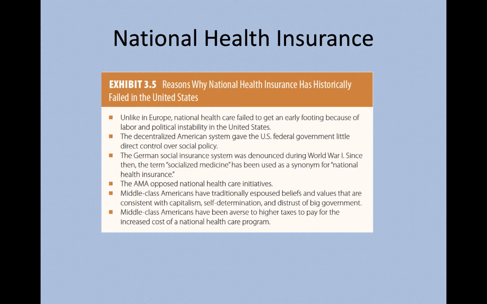We pushed more power over into the states, and we really focused on giving the U.S. federal government little direct control over social policy, although we did start to turn that in the 1960s and mid-60s, but that was one of the underlying frameworks.